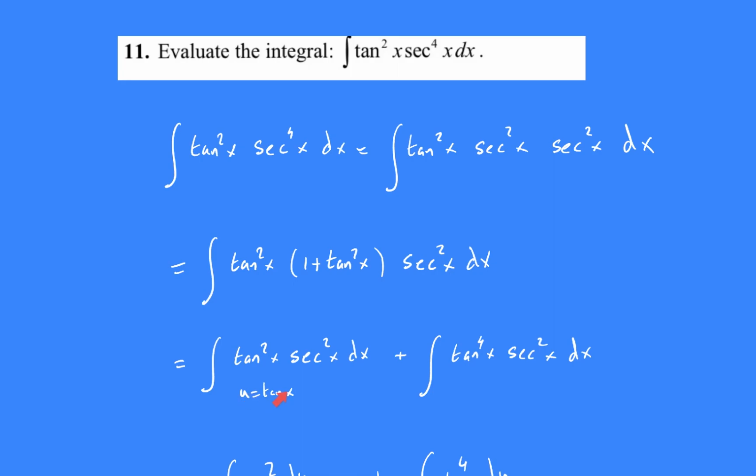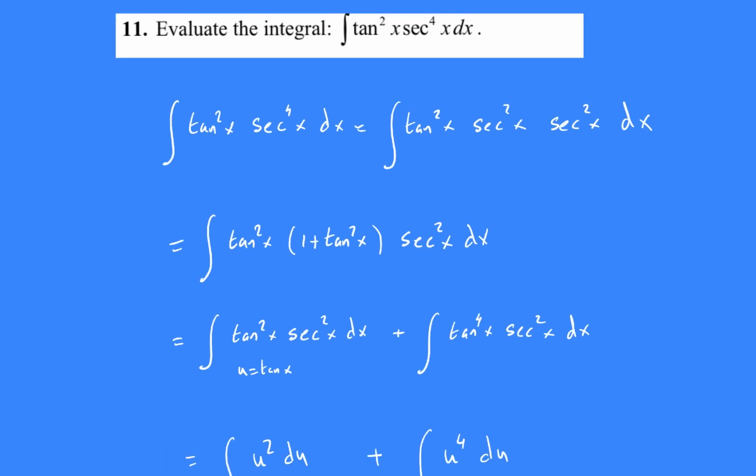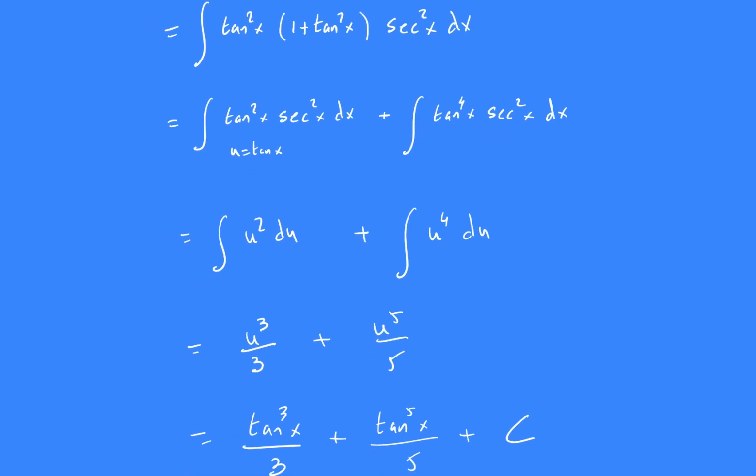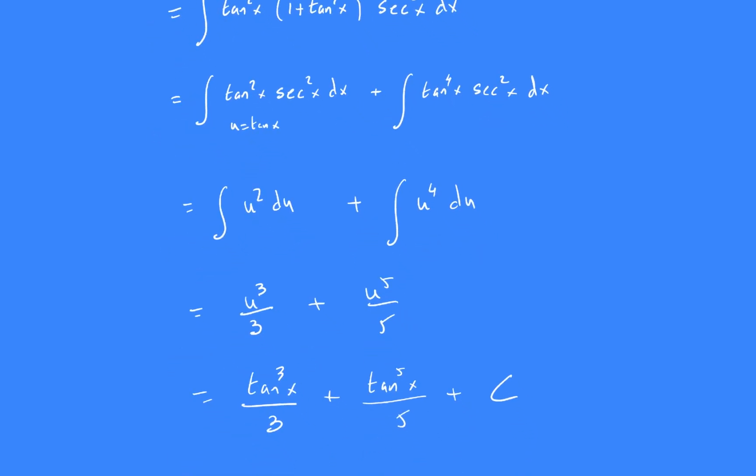If u is tangent of x and I use substitution, du appears here: secant square of x dx will be du. So the integral is almost solved. It will be u squared du plus u 4 du.